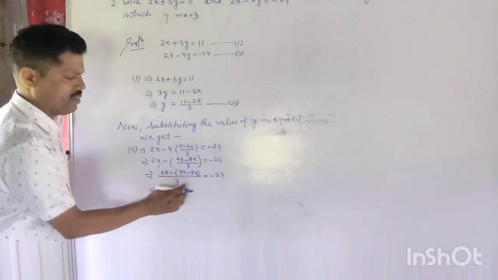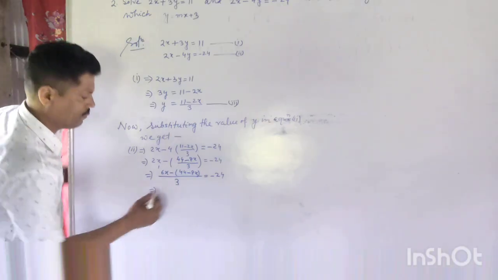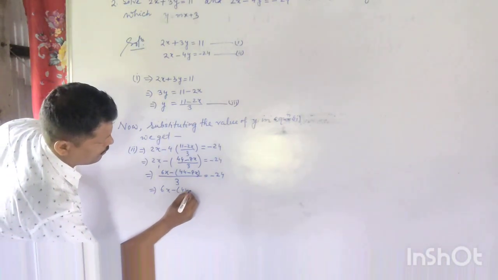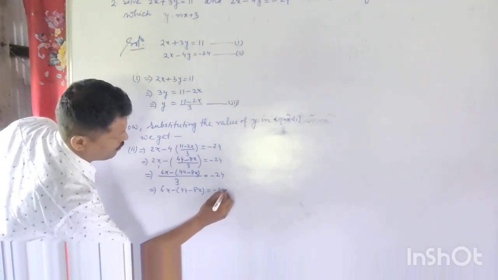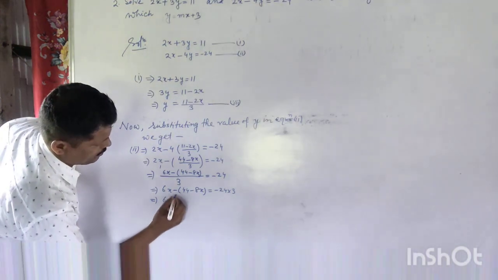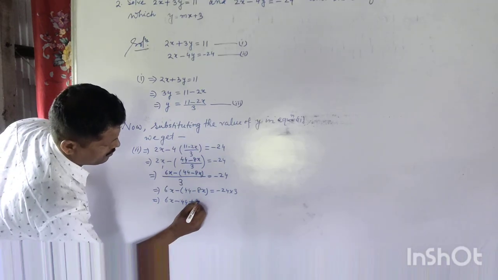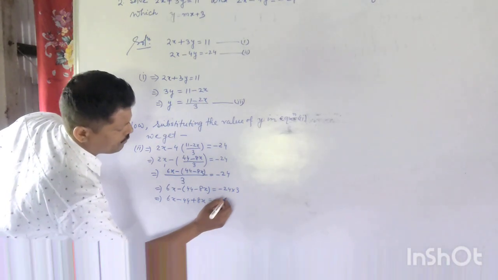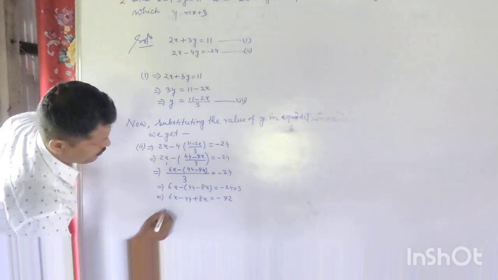Now 3 is divided in the left hand side, it will be multiplied with the right hand side. 6x minus 44 minus 8x is equal to minus 24 into 3. Now 6x minus 44, minus minus will be plus 8x, is equal to minus 4 into 3 means 12, 2 into 3 is 6 and one more 7, 72 is there.